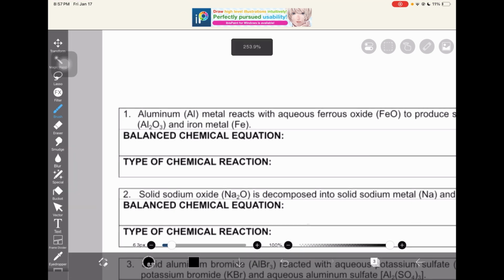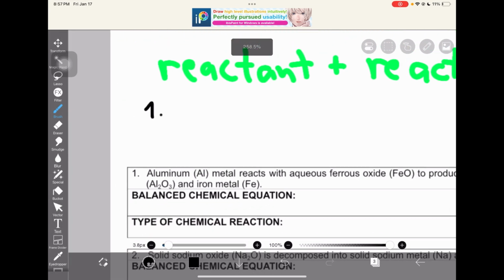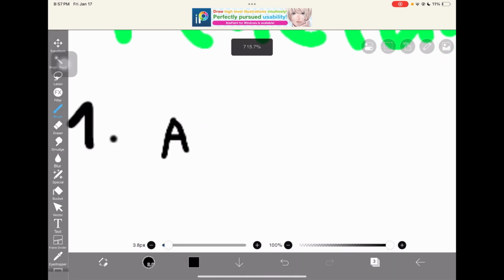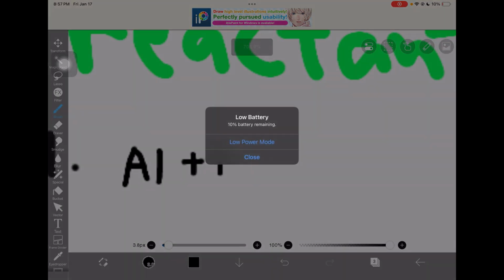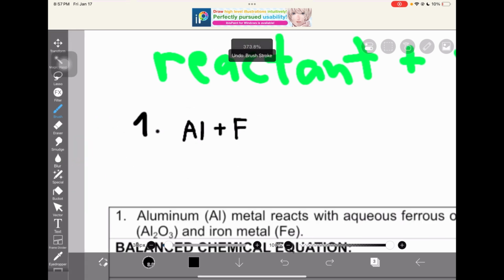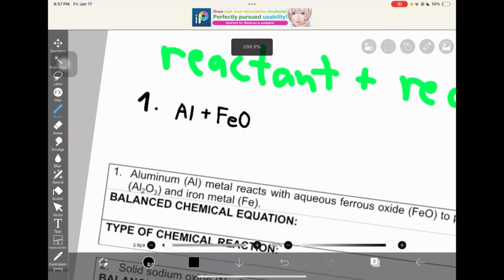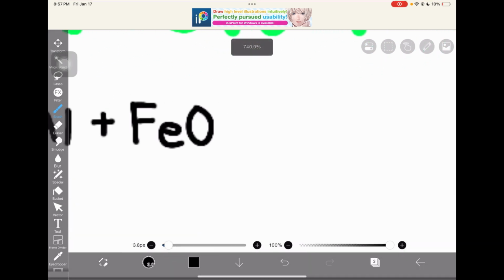So, first one, let's do number 1. We just ignore the aqueous and stuff. So we have Al plus FeO. Ooh, that's not good. Fe and then O equals solid aluminum oxide and Fe.